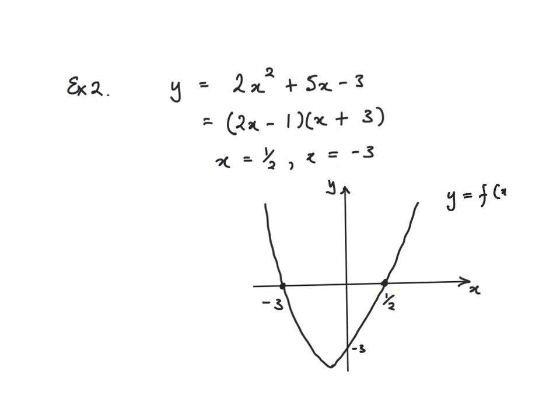And if we want to sketch the graph of the modulus function, what we have to do is to reflect the negative part of the graph, that part below the x-axis, in the x-axis. So it's going to appear somewhere up here. And the y-intercept at minus 3 will now be a y-intercept at 3.